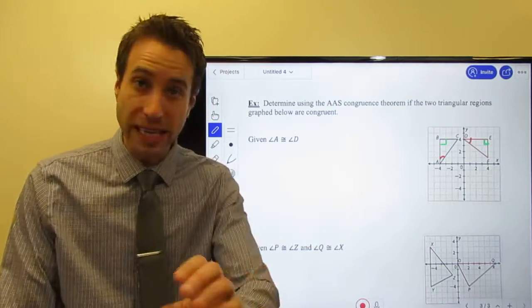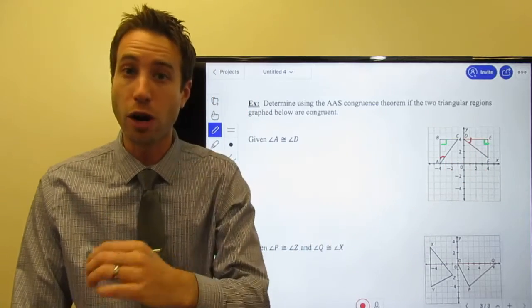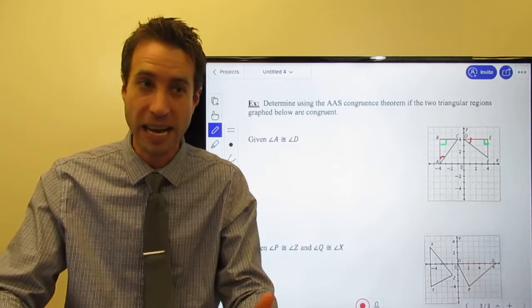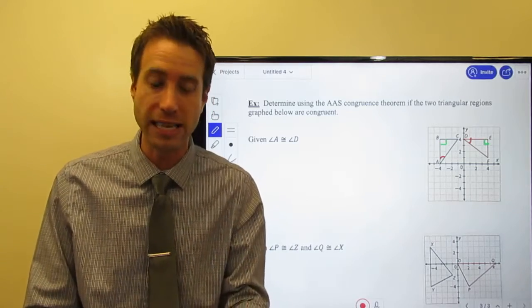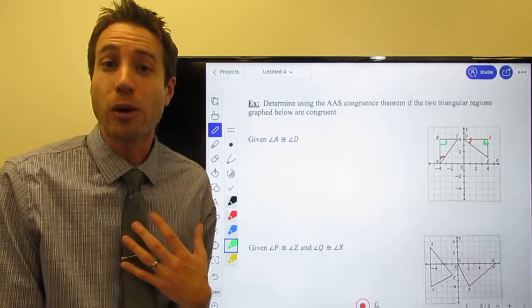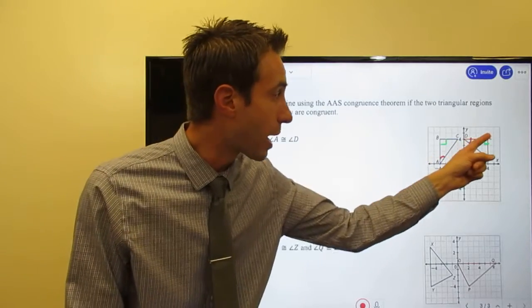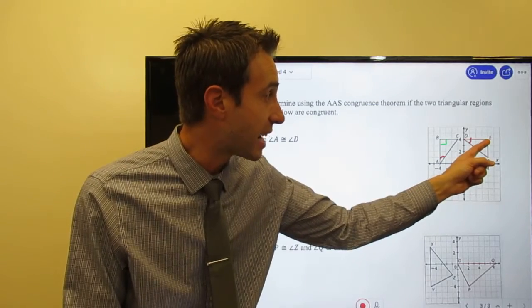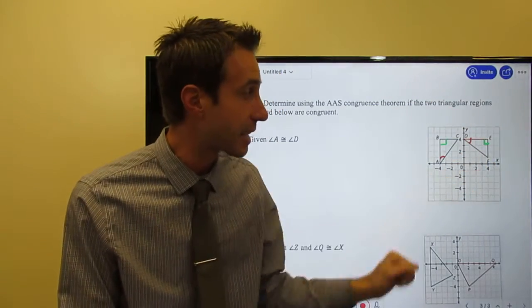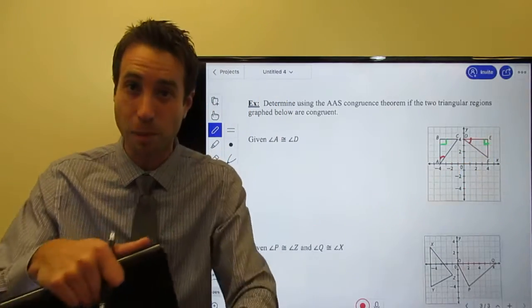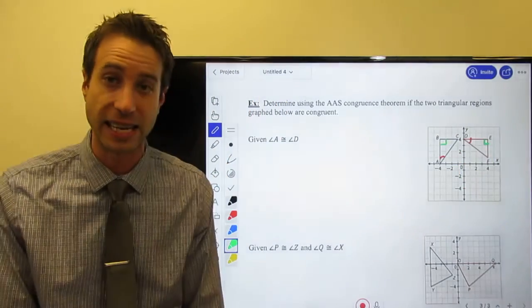So normally, if these triangles were not drawn on a coordinate plane, you couldn't say that. You can't just assume that angles that look like they're 90 degrees are 90 degrees. But in this case, I don't have to assume that. These triangles are laid out on a coordinate plane, and since this line is parallel to the x-axis, and this line is parallel to the y-axis, they're perpendicular, they must intersect at 90 degrees.